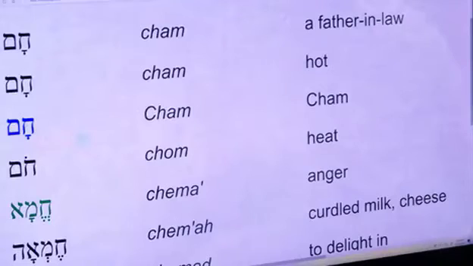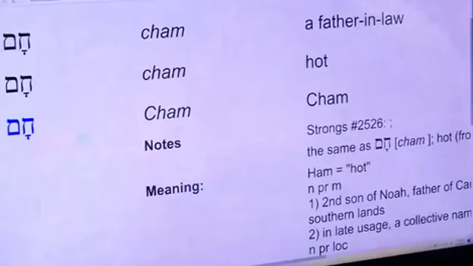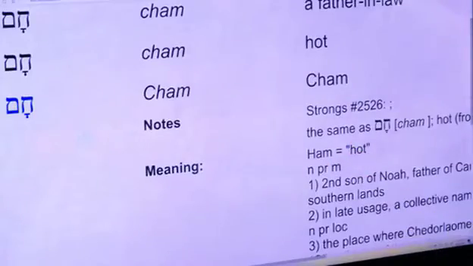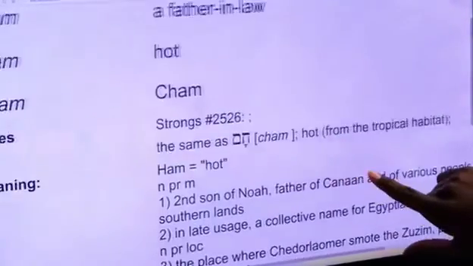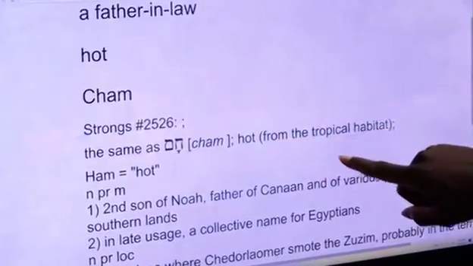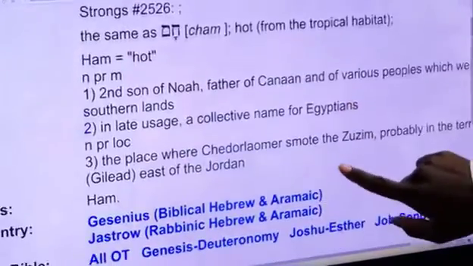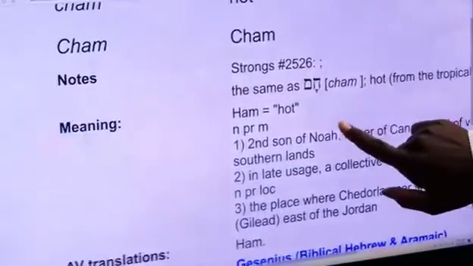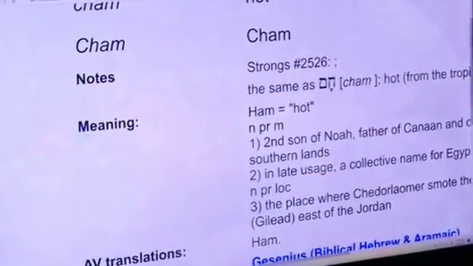Of course, in English, it's spelled with an H. Ham, as you see here, is translated as hot, as pertaining to the tropical habitat. So that's Ham, speaking of the patriarch of the Hamites.